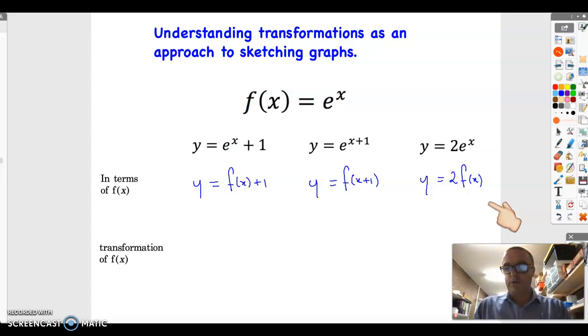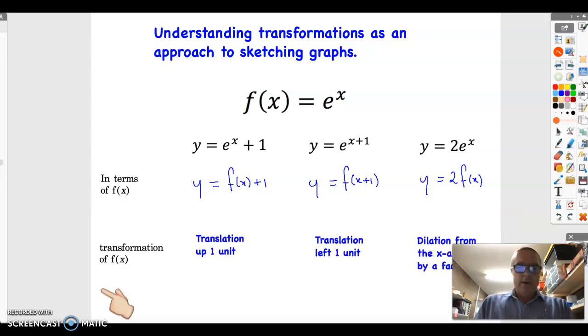You might be able to recall from Units 1 and 2 what transformations are occurring on the base function for each of these three graphs. If we're adding or subtracting a constant value to a function, we're talking about a vertical translation. In this particular case we're adding 1, so the translation is up 1 unit.